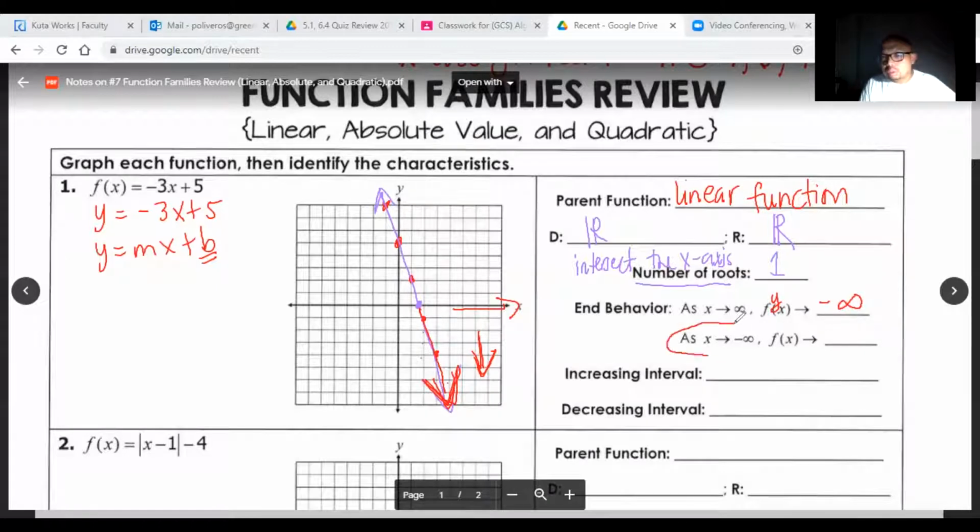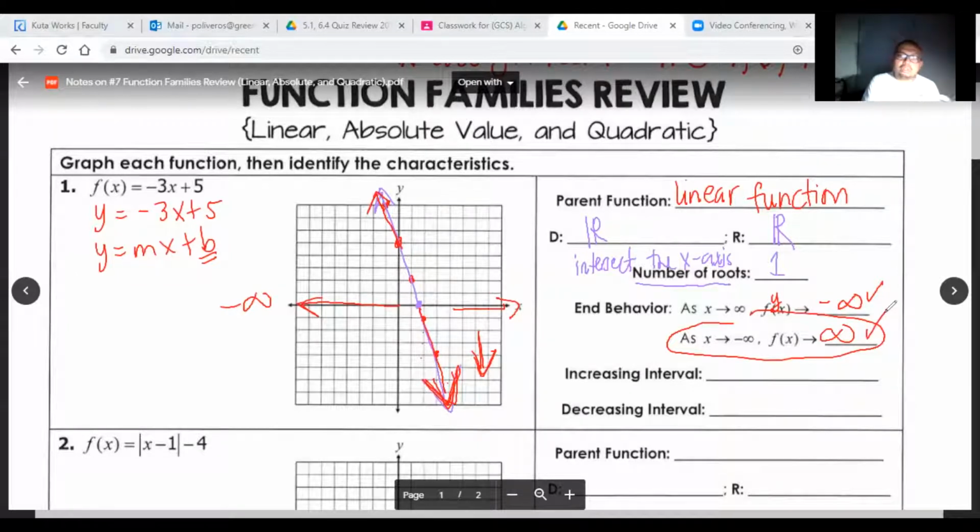And as x approaches negative infinity, the graph is going up, so that's going to positive infinity. Here you're describing the y value: is it going closer to a specific number, going to negative infinity, or going to positive infinity? If it's negative infinity, it's going down. If it's positive infinity, it's going up.